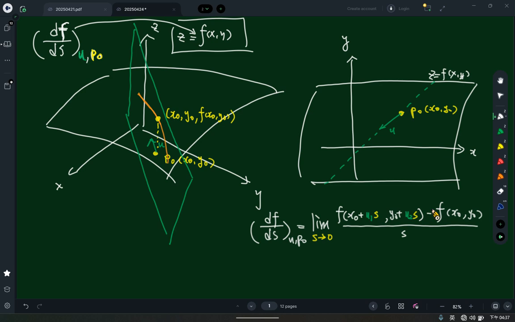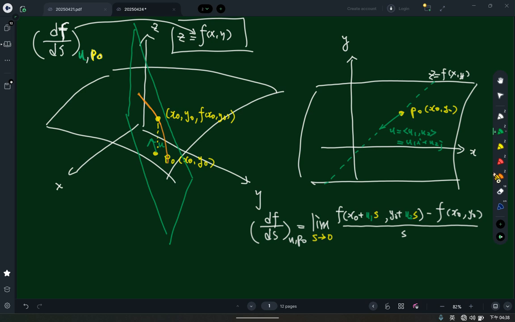So what does it mean? It means, following this, P0 is x0, y0, following this direction. You can regard u as u1, u2, or sometimes we note it as u1 i plus u2 j, right? I focus here. The starting point is P0 and the direction is u.